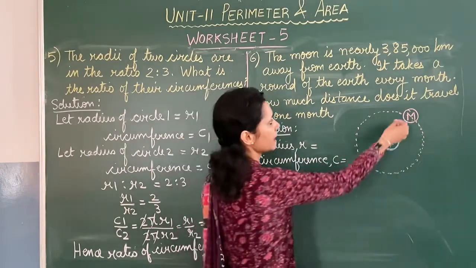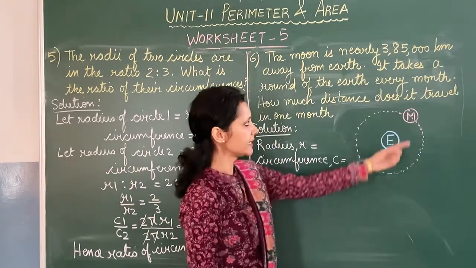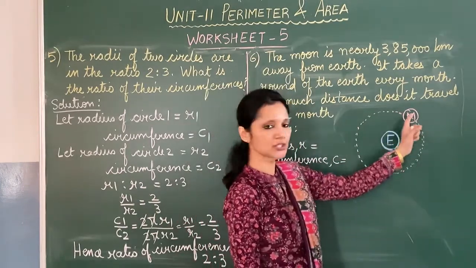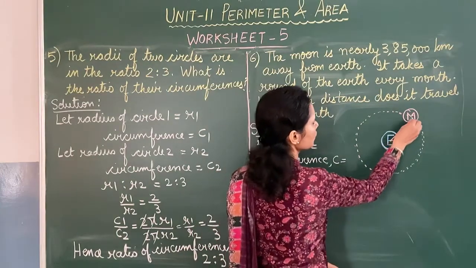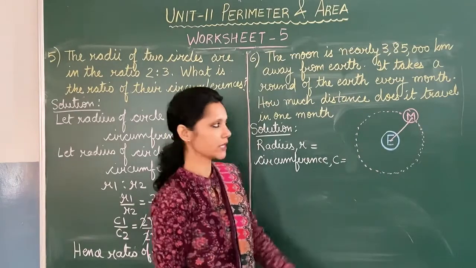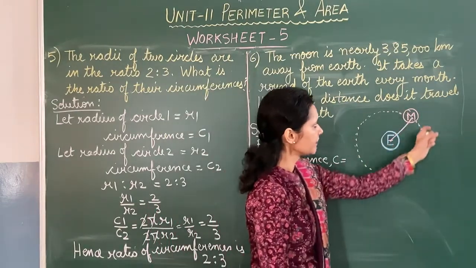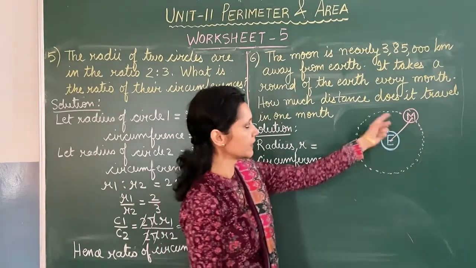Now if I mark the orbit, the path of the moon around the earth, you can see that this path is circular in shape. The distance between the earth and the moon, 3,85,000, would become the radius of this circle.